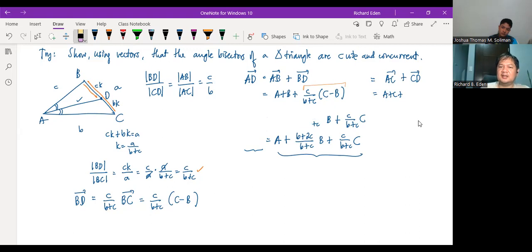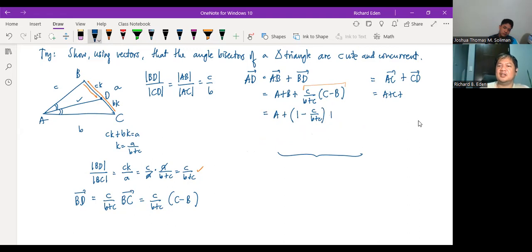So let's do this again. So here's hoping that we're gonna arrive at a better looking answer, A. And then B has coefficient 1 minus C over B plus C over B plus C multiplied by C. A plus, and then the difference, diba, that's going to become, oops, that's not just going to be B over B plus C, B plus C over B plus C, C. Better looking na, diba?